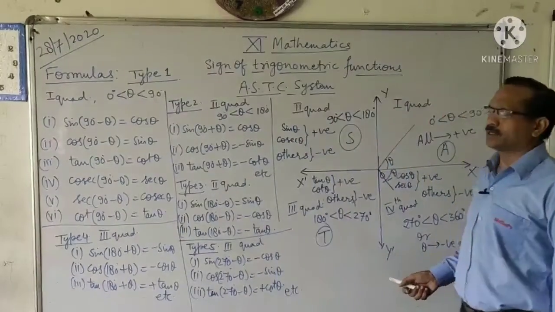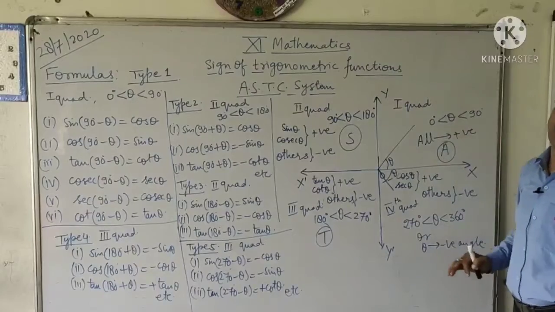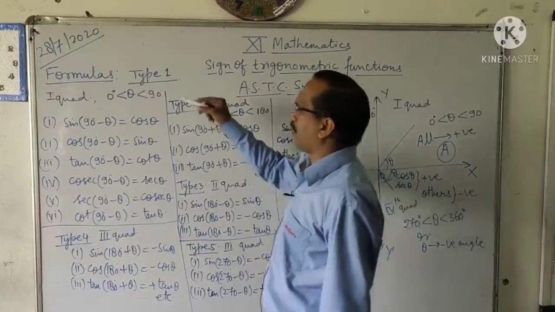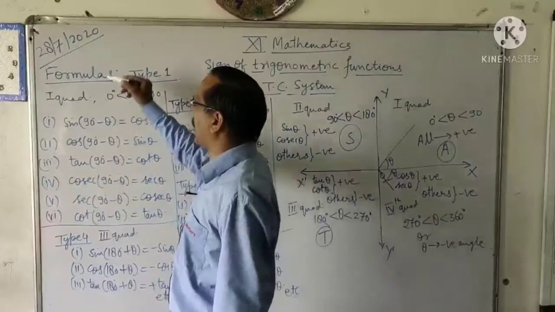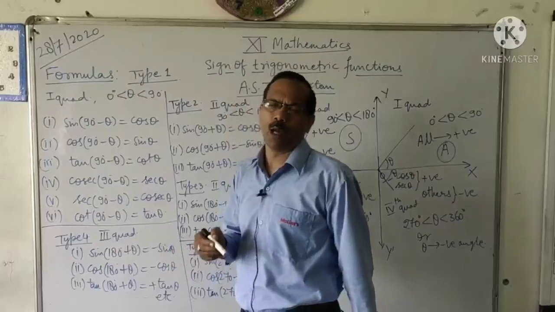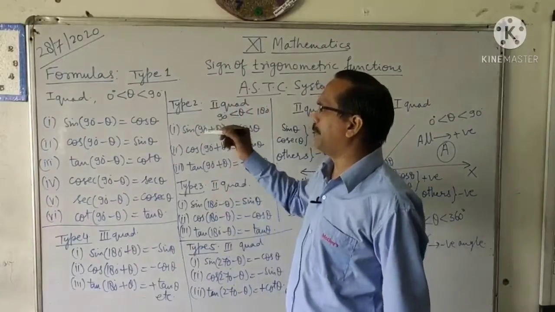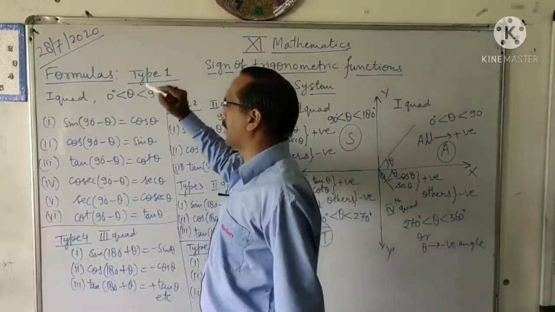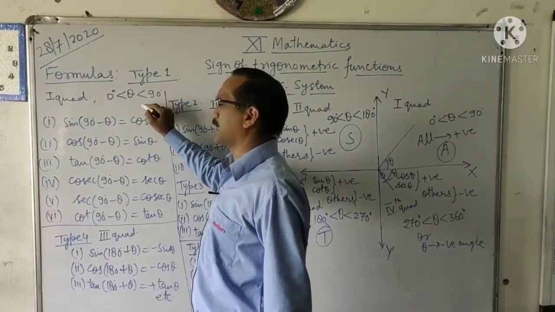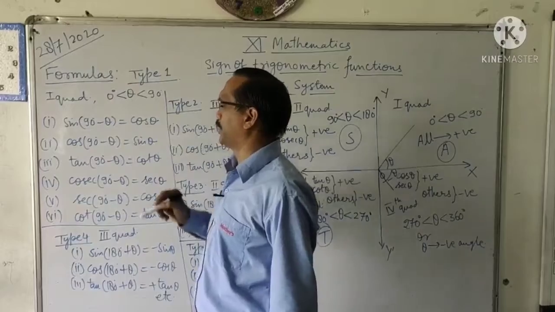That's why the fourth quadrant is considered a negative angle also. Now students, on the basis of this quadrant system, we will learn all these formulas. There are a number of formulas and we have divided them according to type. So type 1 is the first quadrant, theta less than 90 degrees and greater than 0 degrees.